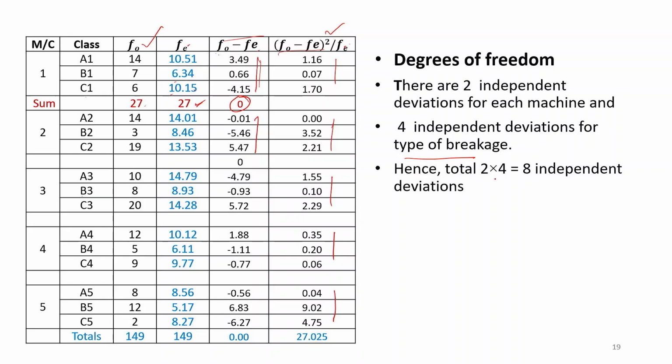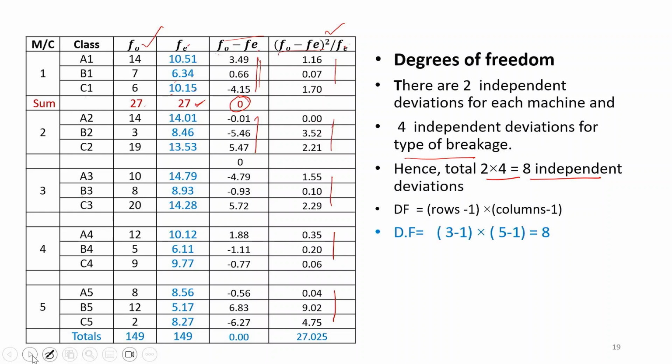In the present case, the independent deviations are 8, and therefore degrees of freedom also becomes 8. So an easy way to calculate is degrees of freedom is row minus 1 and column minus 1. This is a mechanical way of doing the calculations. So degrees of freedom becomes 3 minus 1 into 5 minus 1, and that figure is going to be 8. 2 into 4, which is 8.